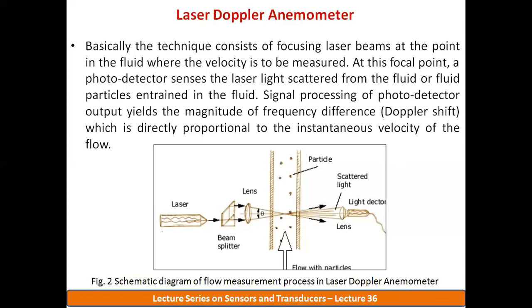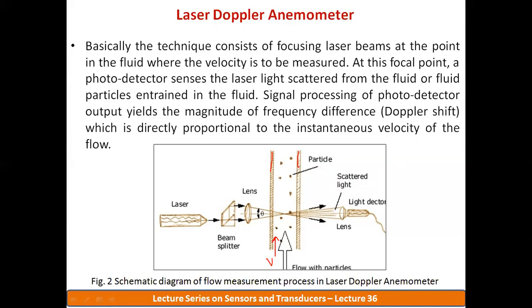So this figure shows the schematic diagram of flow measurement process in laser Doppler anemometer. Okay, so in this diagram we can see this is the transparent channel in which fluid is flowing with some velocity v, and I want to measure this velocity.